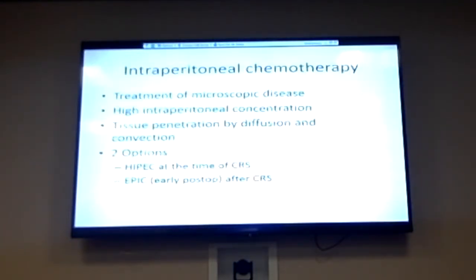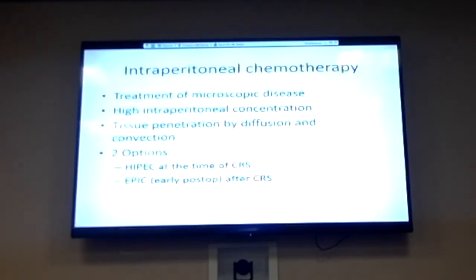So that's where, good segue, intraperitoneal chemotherapy. This is for the treatment of microscopic disease. You've taken out everything that you can see, and this is for the stuff that is still floating around that you can't see with the naked eye. So you can essentially obtain much higher intraperitoneal concentrations of the chemotherapy by direct application.